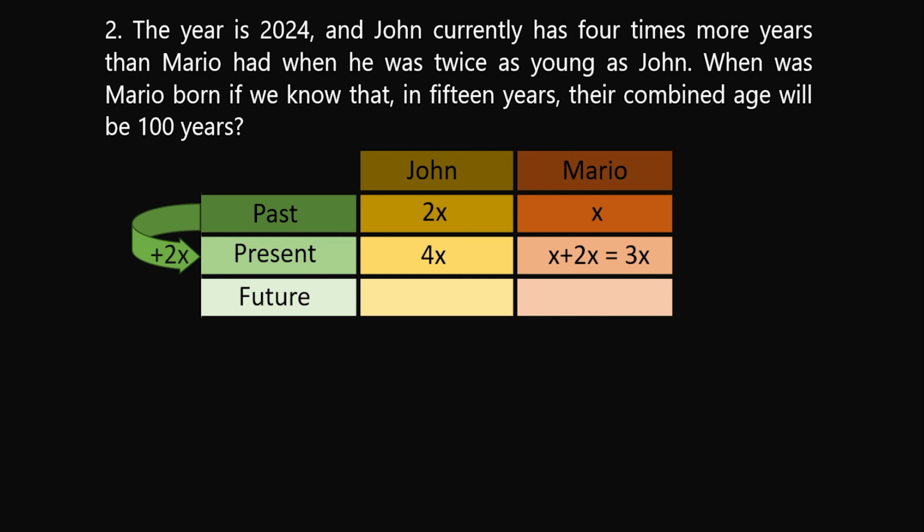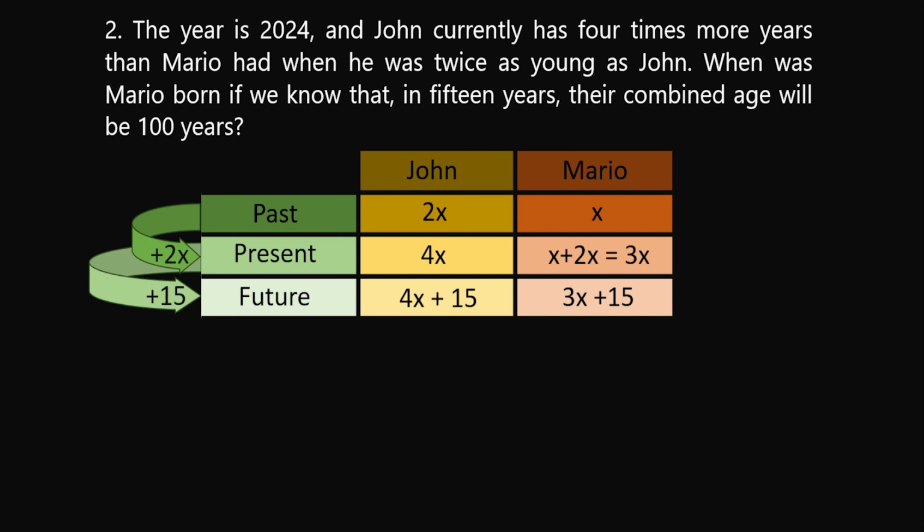The second sentence in our problem says that in 15 years, their combined age will be 100 years. That indicates that from the present to the future, 15 years will pass. That means that in the future, John will have 4x plus 15 years and Mario will have 3x plus 15 years.